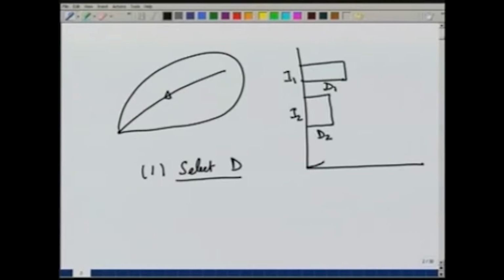If we have a shorter duration, the time base will be smaller, and the peak would be larger to maintain the same area.